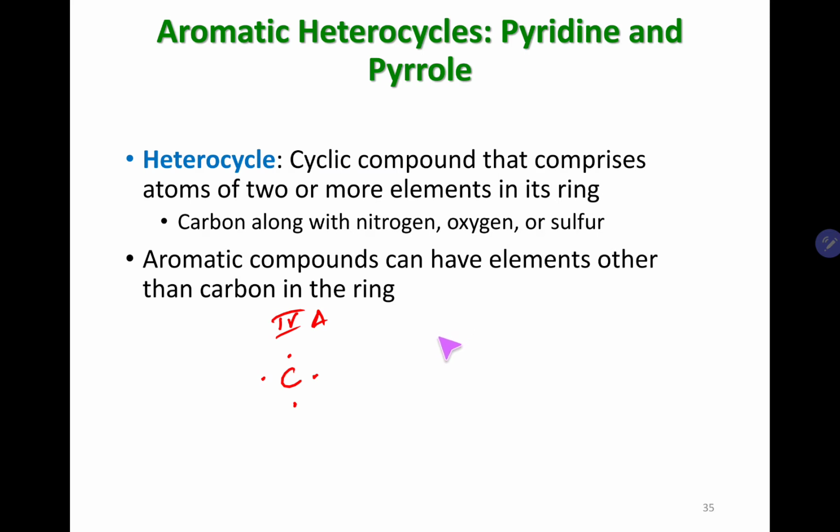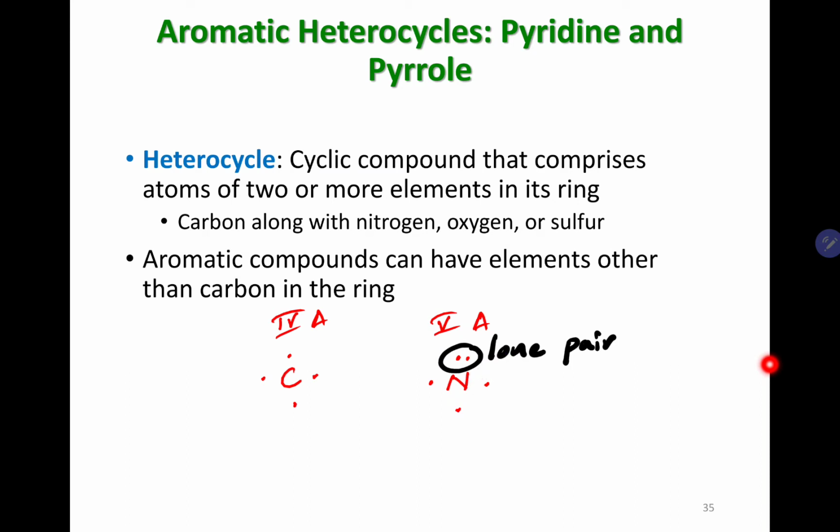If you take a look at nitrogen, nitrogen is from group 5A, so it has 5 valence electrons, and because of that you have a lone pair. This right here is called a lone pair. You don't have to try to pair these two electrons. It is like a bond without anything attached.